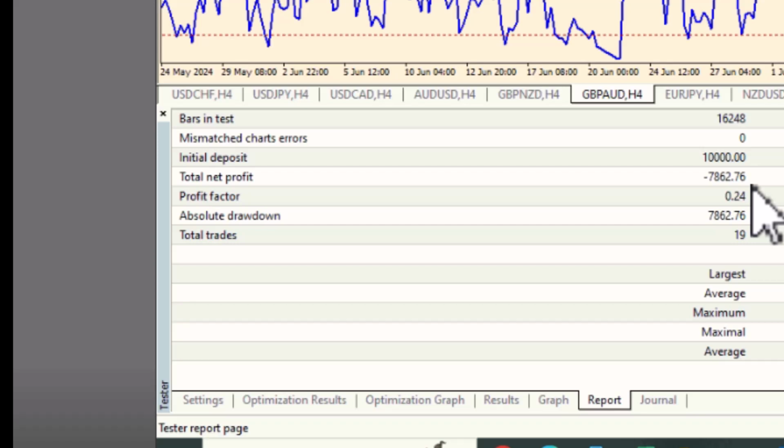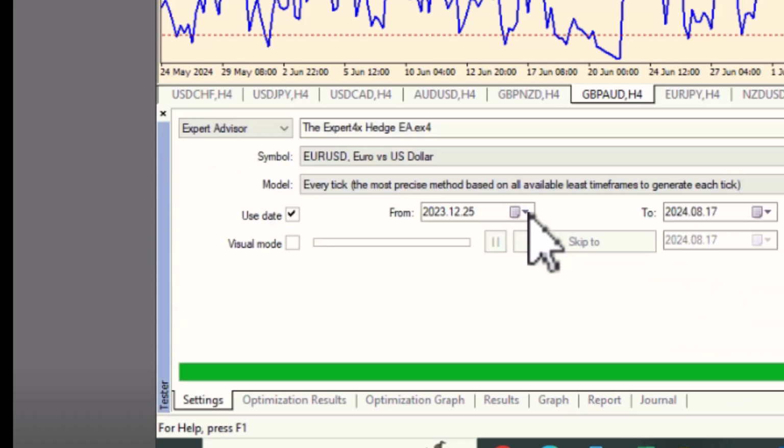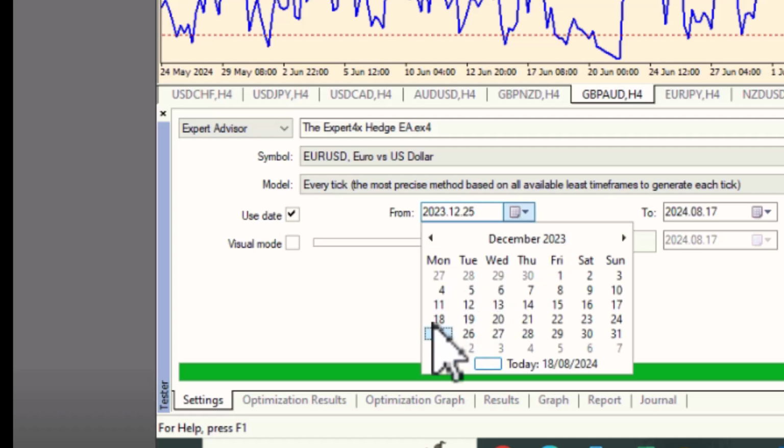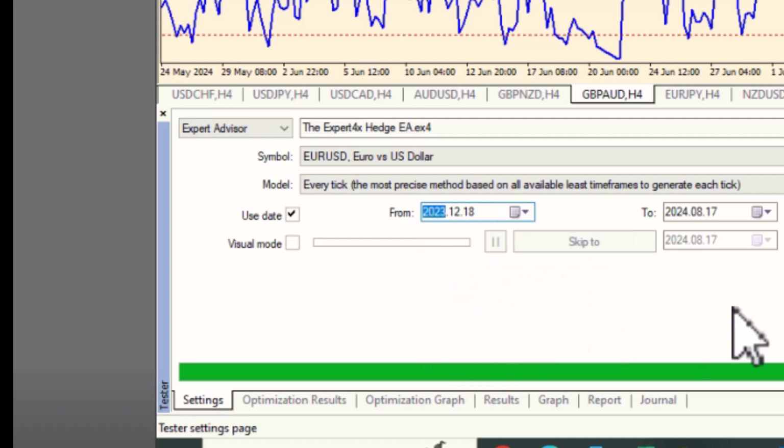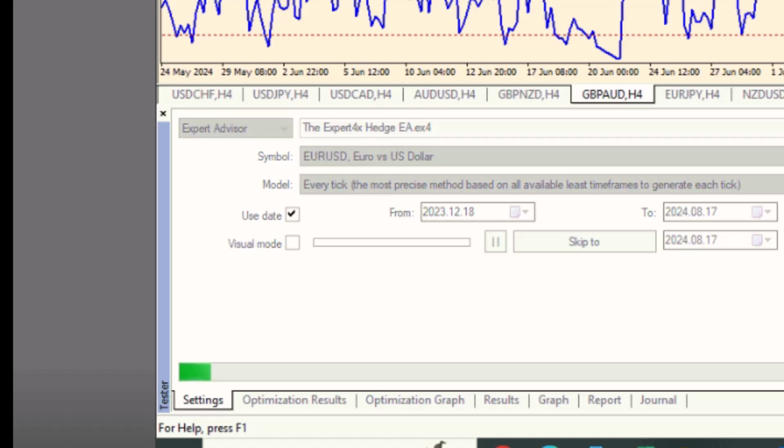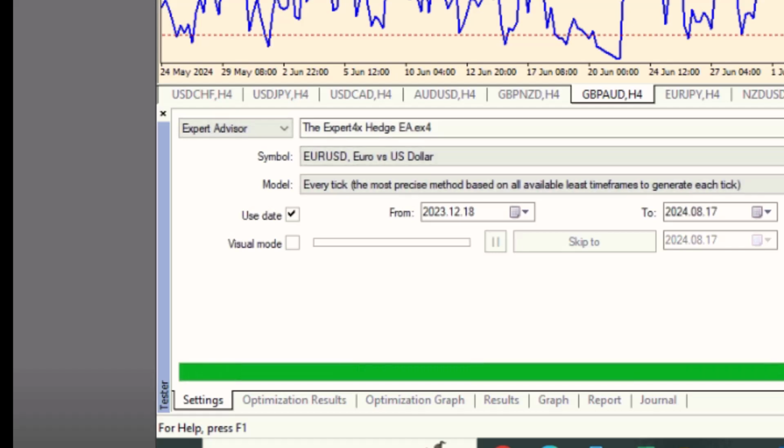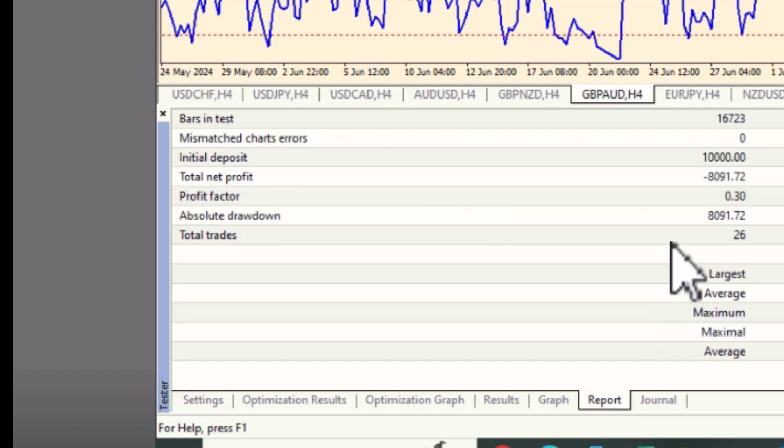Let's have another test. Let's go another week back. So we go here, we change it to the 18th of December, and away we go again. And it starts trading again, and let's see how this one goes. And again, it's pretty fast, and we look at the report, and it has had another margin call.